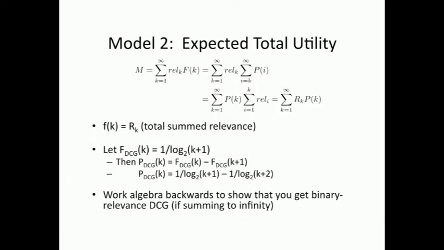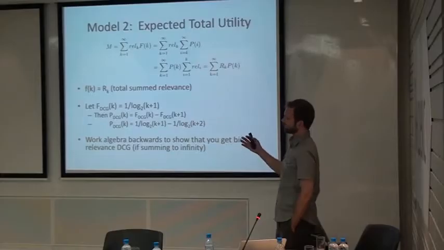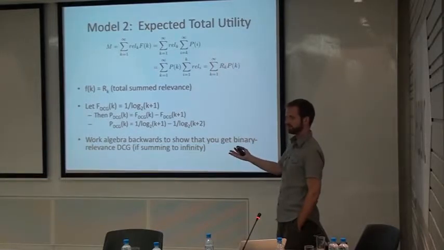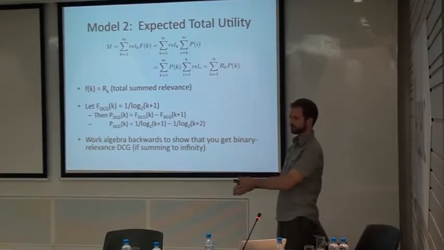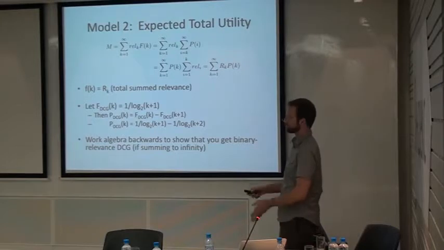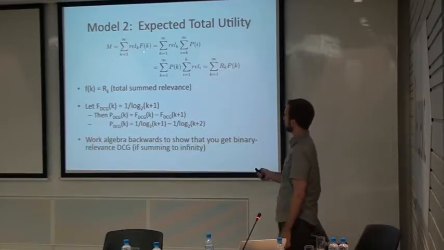The third model is expected cost to get to some stopping point, or expected cost to achieve some level of utility. And the fourth model is expected total utility per unit cost expended by the user in browsing the ranked results. For each one of these models, I'm going to have an exemplar measure, which is going to be among the measures that I talked about already.